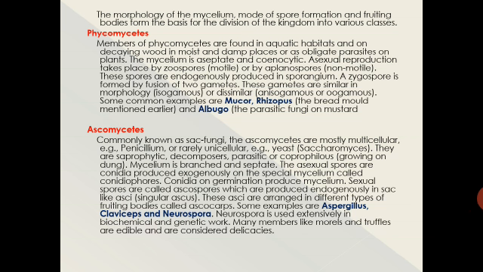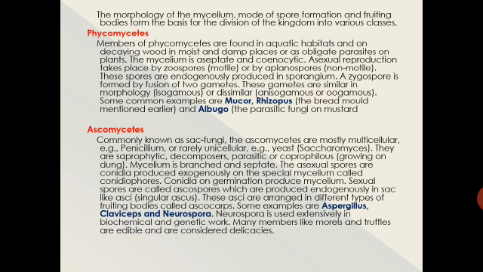The first one is Phycomycetes. Members of Phycomycetes are found in aquatic habitats and on decaying wood in moist and damp places, or as obligate parasites on plants. The mycelium here is aseptate and coenocytic. Asexual reproduction takes place by zoospores or by aplanospores.